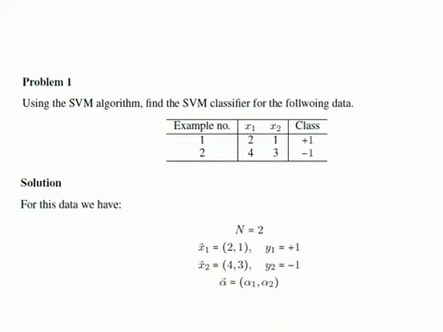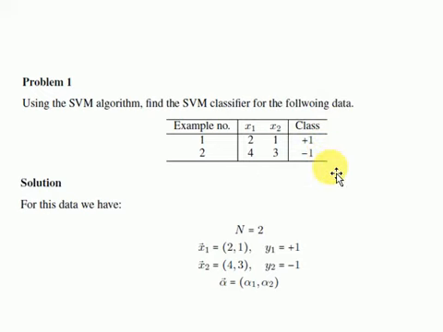Here is a problem. We are given the input values as well as the desired output. Input is a set of points, so we have x and y coordinates. So we are using x1, x2 to represent the input points. There are two samples given and the corresponding class to which they belong.